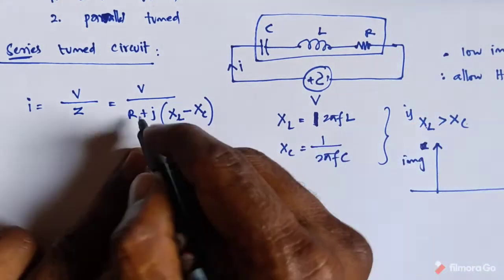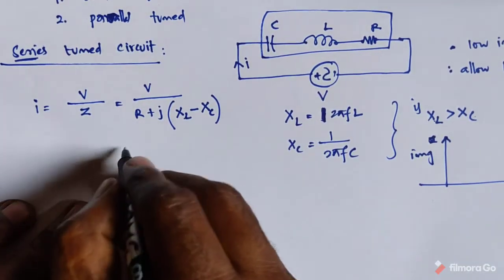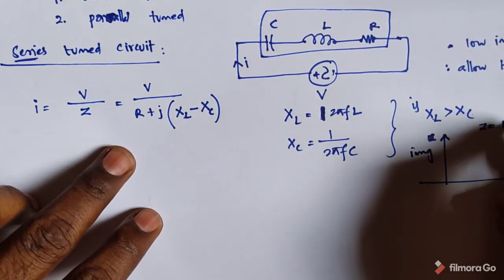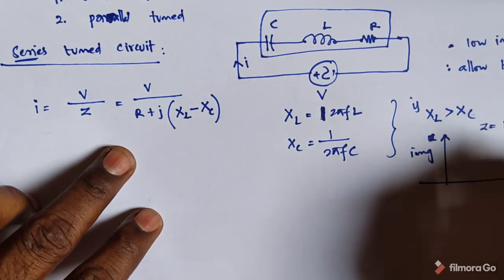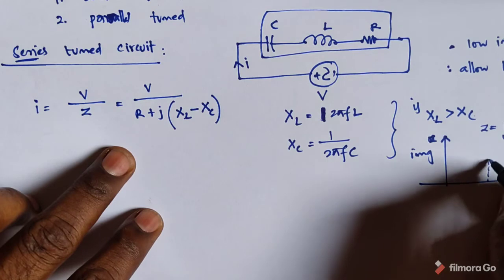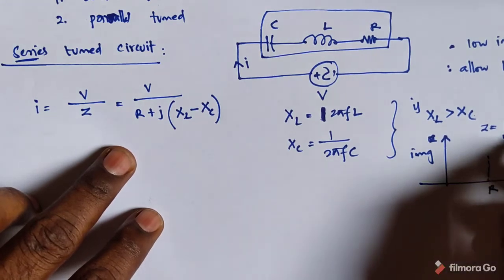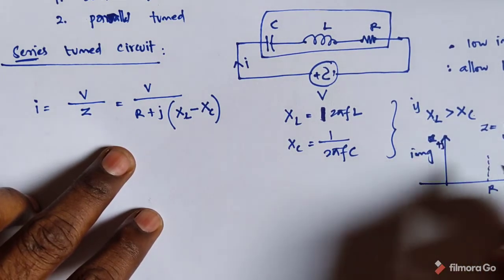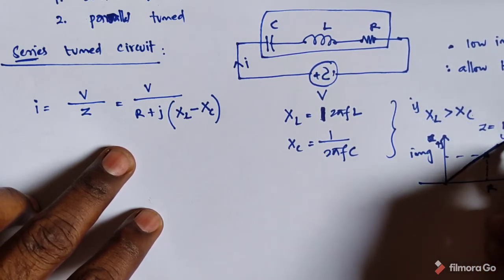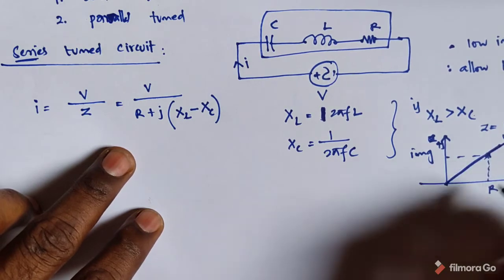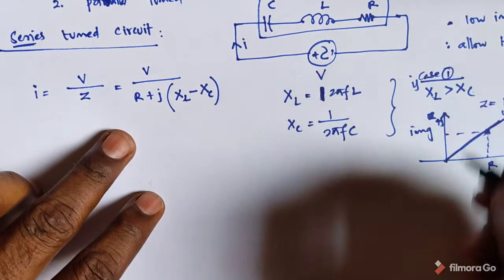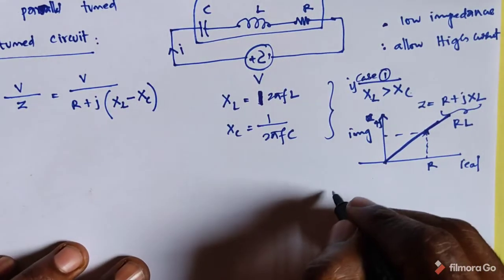So Z is equal to R plus j XL. This is nothing but an RL circuit, with the real value R and the imaginary value j XL. This type of response is nothing but the RL circuit, and this is the actual case 1. Next is case 2.